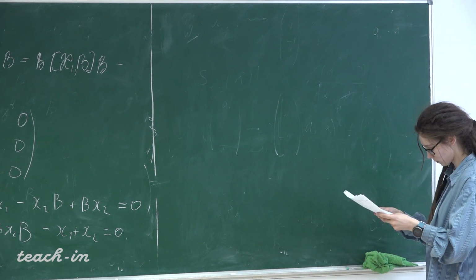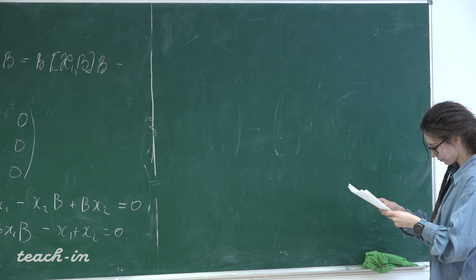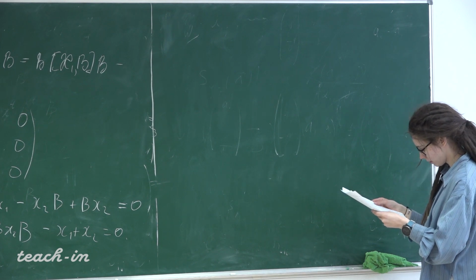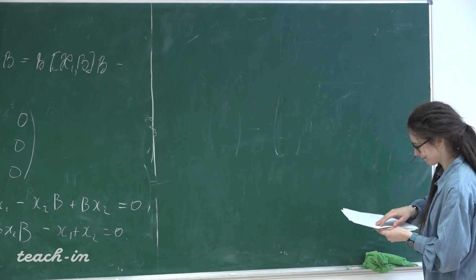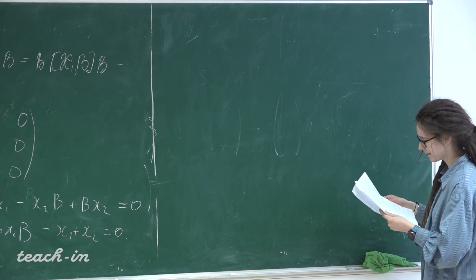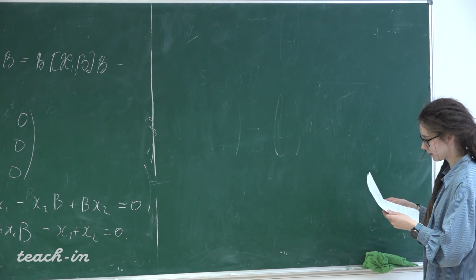So you're checking that it's a maximal toral subalgebra, right? Each element is diagonalizable, of course. So it's toral, it's obvious, right?